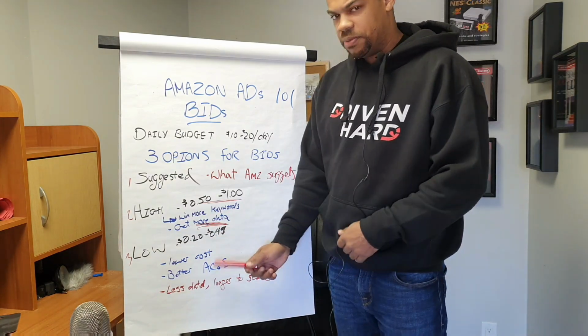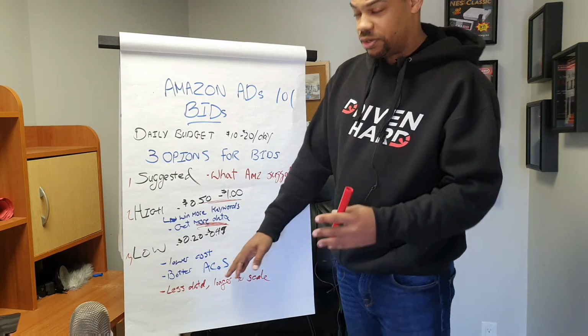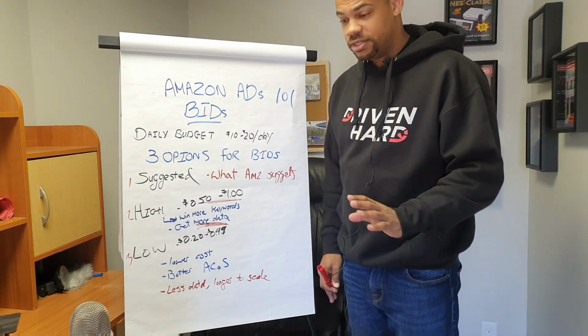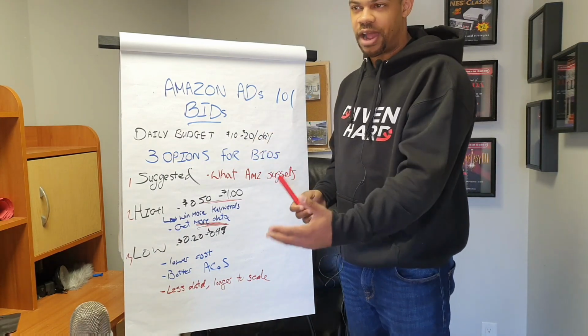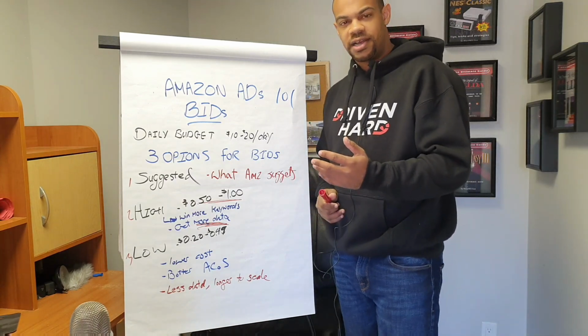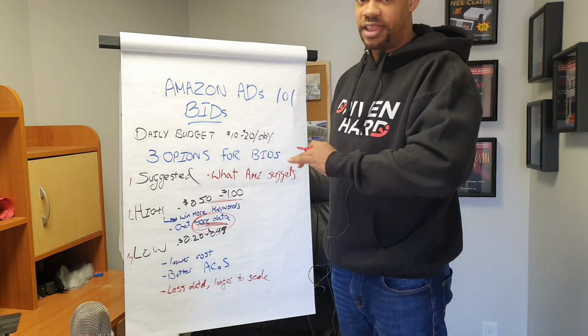This is also going to get you a better ACoS. And you might be like, well, don't I want a better ACoS? Not in this phase, when you're testing things out and grabbing data. It's not about being profitable. It's not about having a sweet, sexy ACoS. It's about data. That's it.